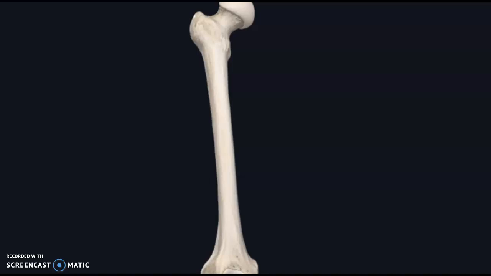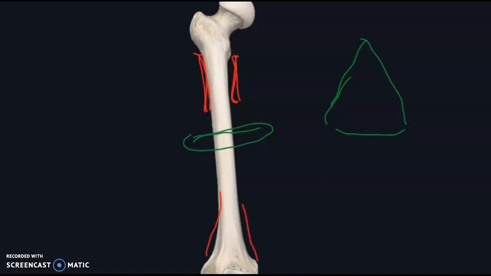So the shape of the femur is triangular, narrow in the middle and wider at the two extreme ends, the proximal end and the lower end.